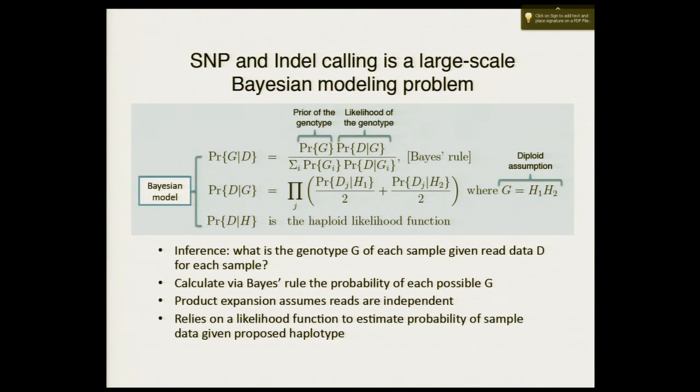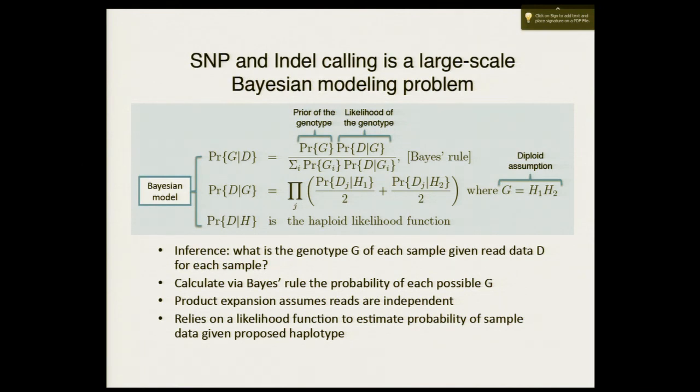But essentially, the idea is that given your data, you form the likelihood of your data given all of the possible genotypes, and then we assume that all of the reads are independent, so we can decompose this into a product of the likelihood of each read given all of the possible genotypes.